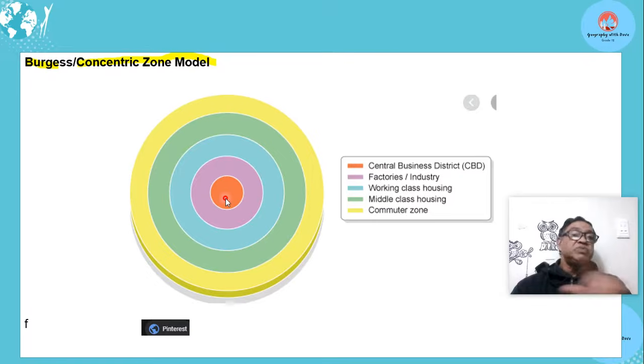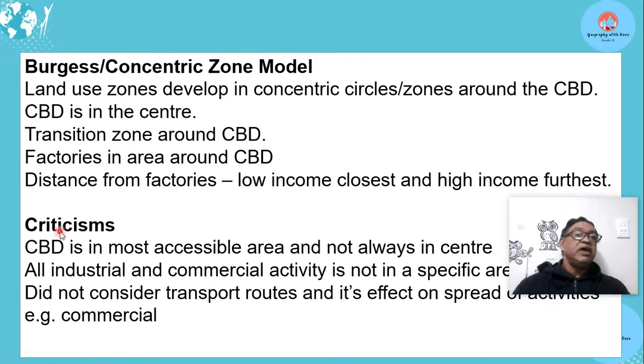Concentric zones with the CBD in the center, and as we move out, we get a transition and the residential areas from low to high. So, let's do a little summary on this. What did he say? Burgess said land use zones develop in concentric circles around the CBD. As I pointed out to you, the CBD is in the center.